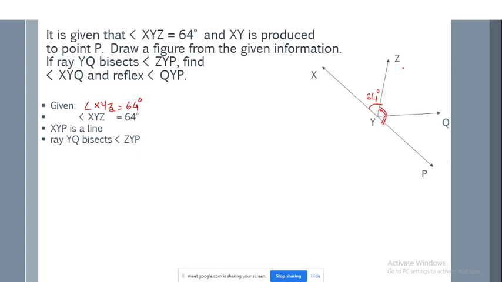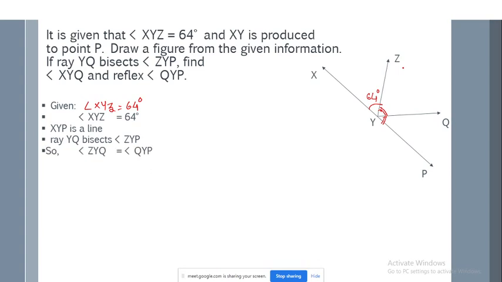Then what can we say from that? What do we get from that line? Ray YQ is bisecting angle ZYP. So what happens to angle ZYP? It becomes divided into two equal parts, two equal angles, right?